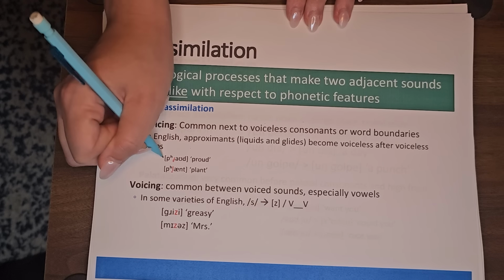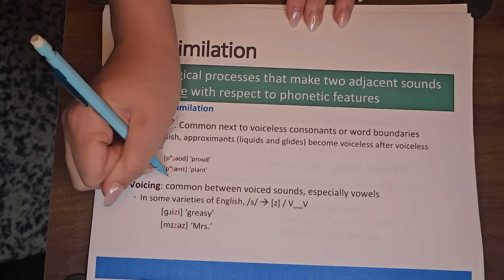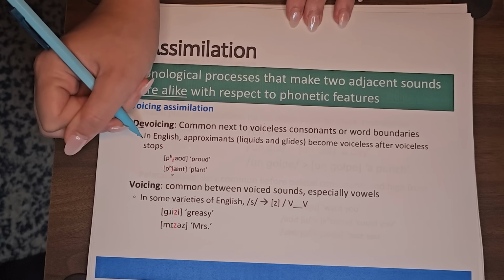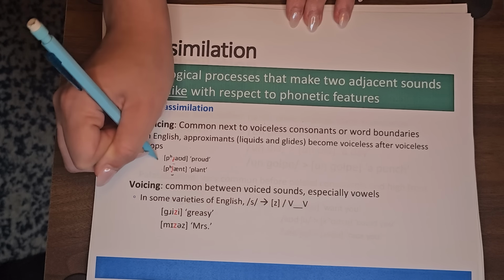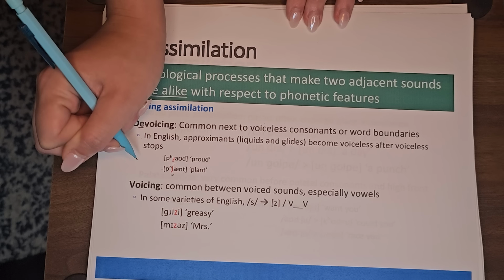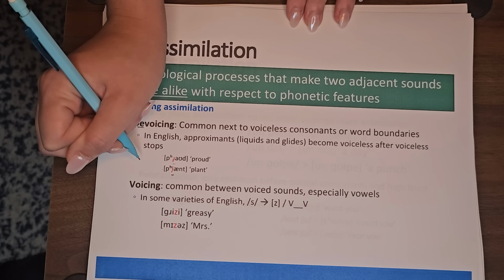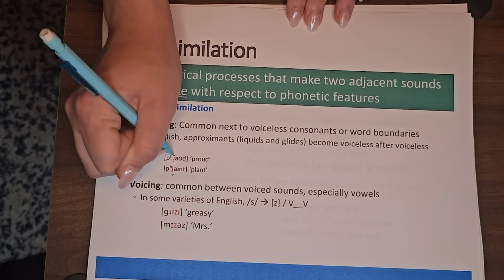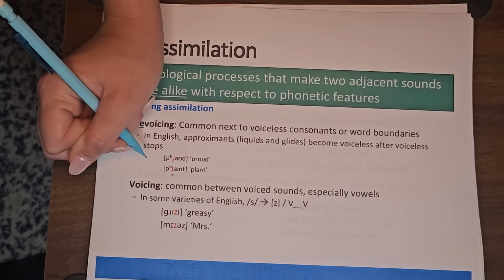So in proud and place, the r and the l sound become voiceless after a voiceless stop. If you just say r and l as in round or loud, and then say proud and plant, you can hear that there are differences between the pronunciations of those liquid sounds.